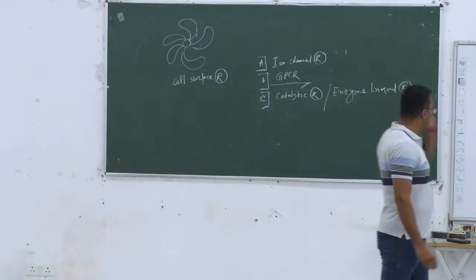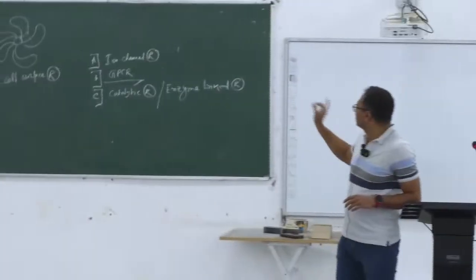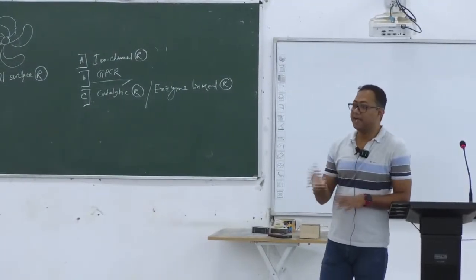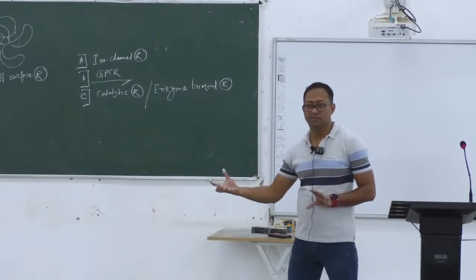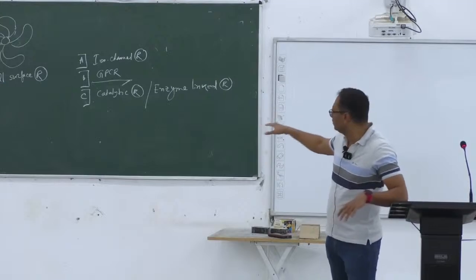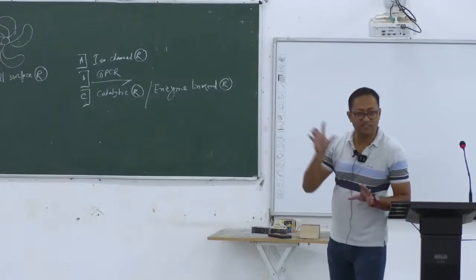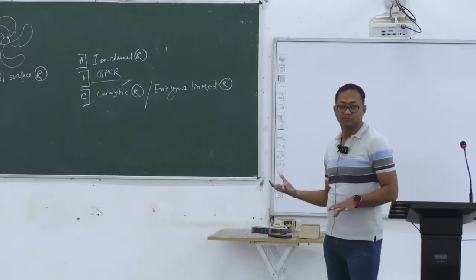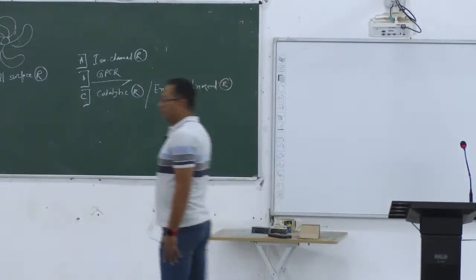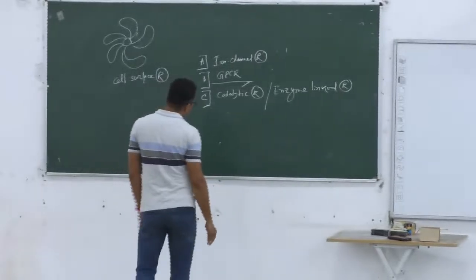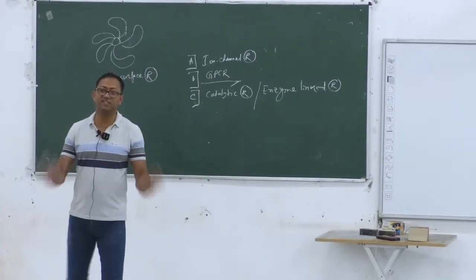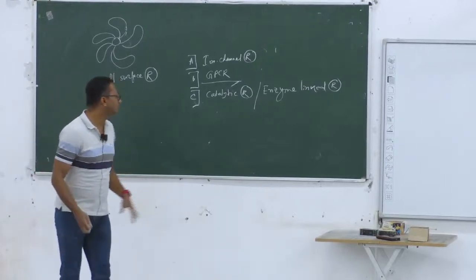In the first classification under cell surface receptor, that is ion channel receptor, we said that the same protein behaves as ion channel and as receptor. Here in category C, the same protein behaves as the enzyme as well as the receptor. So this is why it is called enzyme linked receptor. There are multiple classifications and please remember all those things, right?